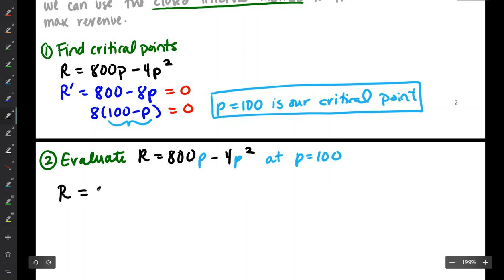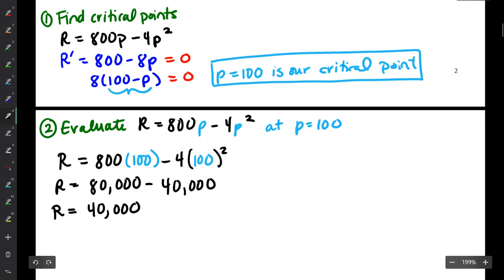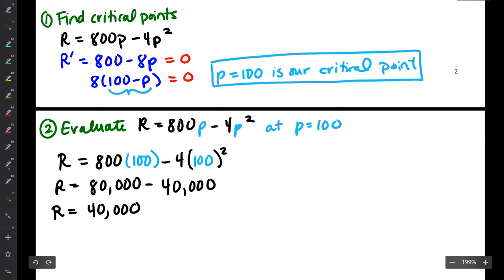I'm just going to write R is 800 times 100 minus 4 times 100 all squared. So we've got 80,000 minus 40,000. We have R is 40,000. And this is money. Yeah, we can put that in at the end. So this is a potential absolute max.